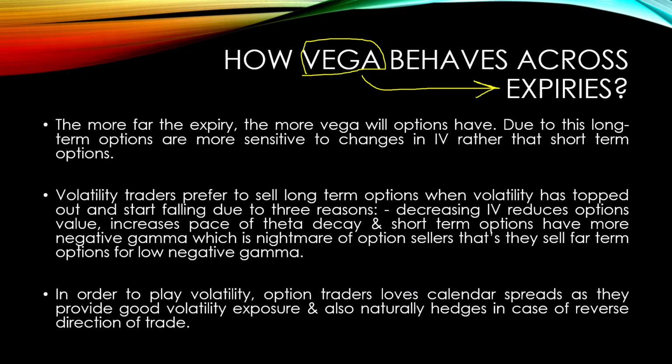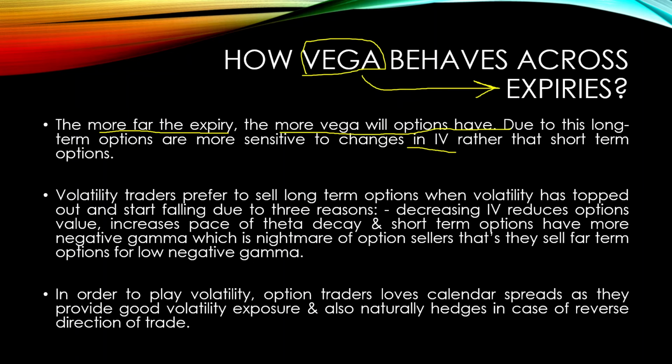The general principle: the farther the expiry, the more Vega the option will have. Due to this, long-term options are more sensitive to change in IV than short-term options, that is common sense. So the more time an option has to expire, the more Vega it would have.